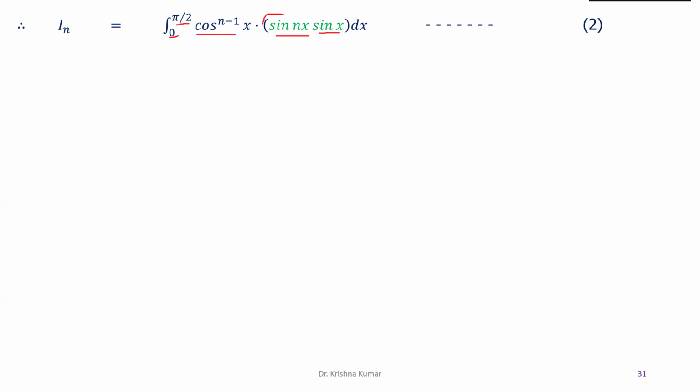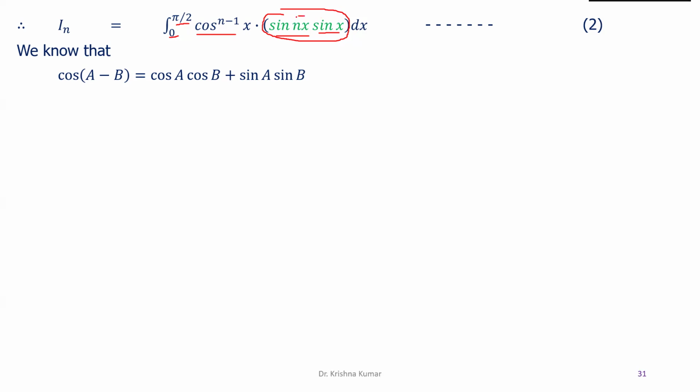Now let us try to calculate this value. What is the value of sin nx into sin x? Or we can also say, what is sin a into sin b? So we know that cos(a minus b) is equal to cos a cos b plus sin a sin b. Now here a is equal to nx and b is equal to x.